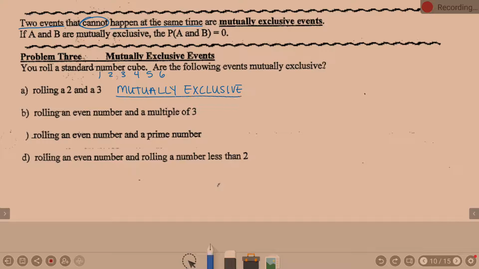And if you want a side note, mutually exclusive: cannot happen at the same time.